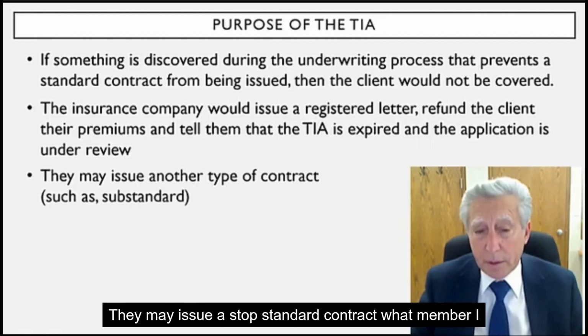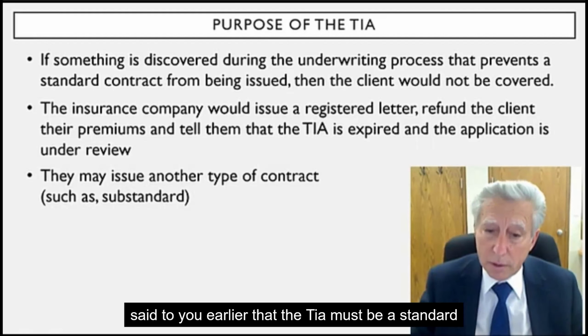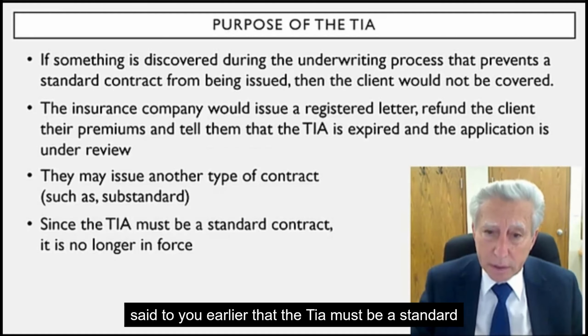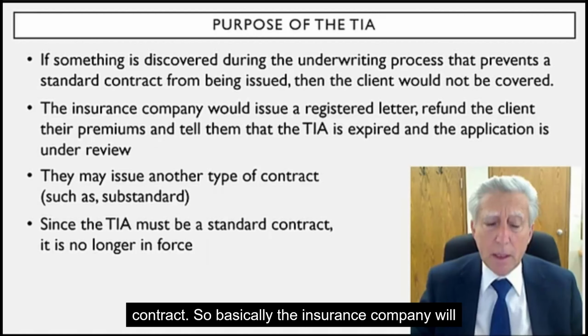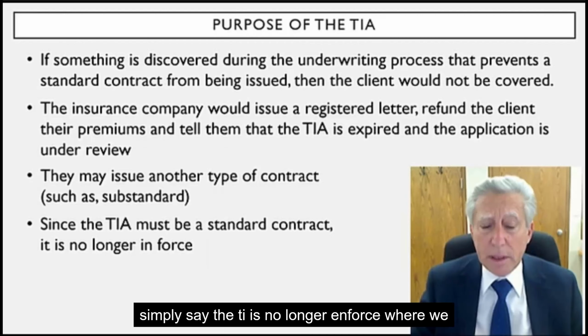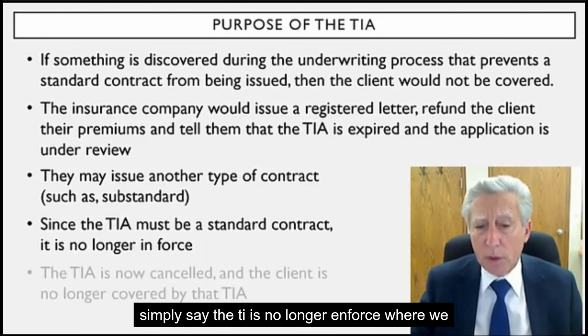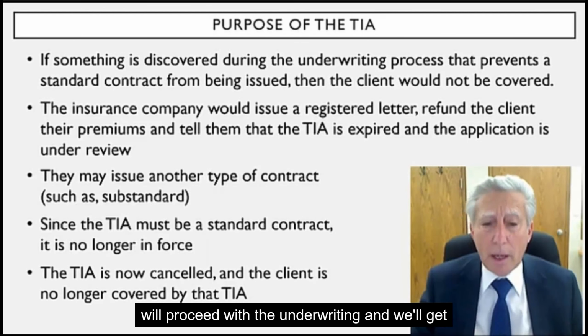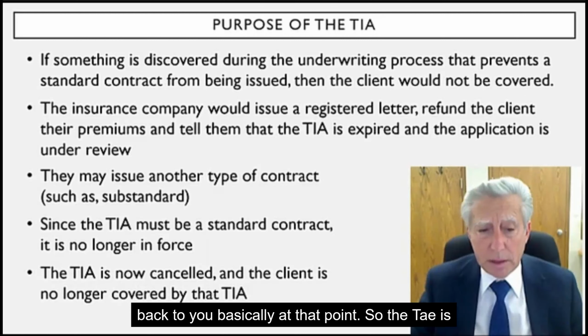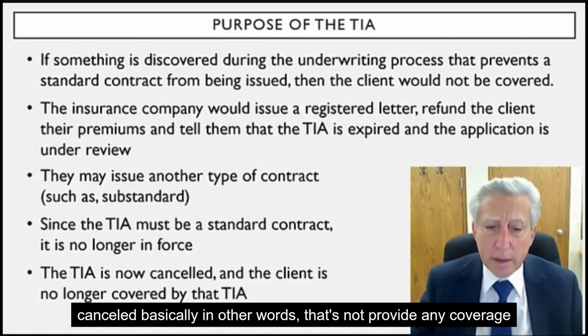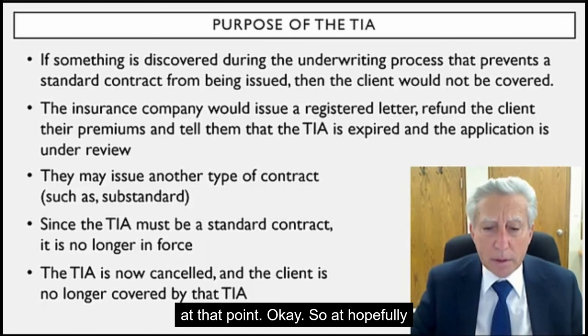They may issue a substandard contract. But remember, I said to you earlier that the TIA must be a standard contract. So basically, the insurance company will simply say the TIA is no longer in force. However, we will proceed with the underwriting, and we'll get back to you at that point. So the TIA is canceled, in other words, it does not provide any coverage at that point, okay?